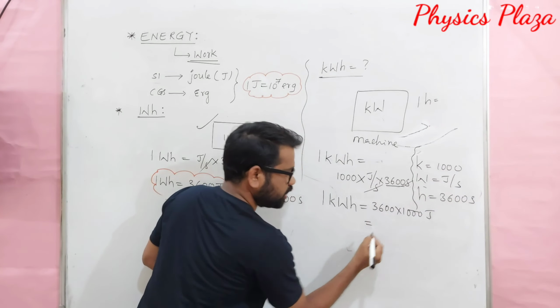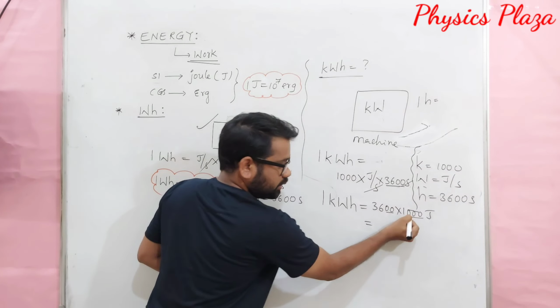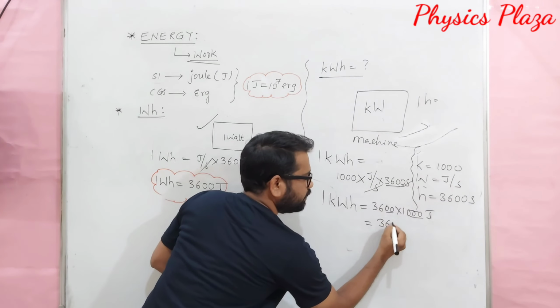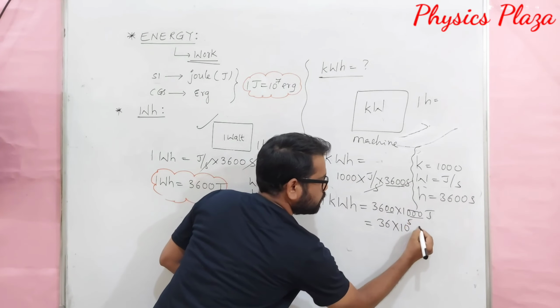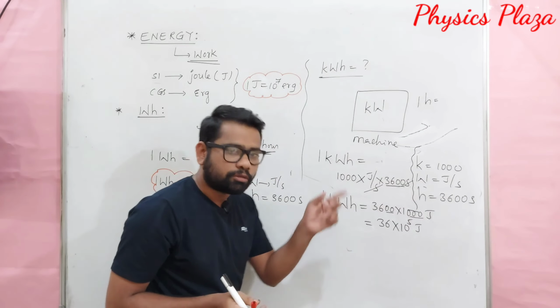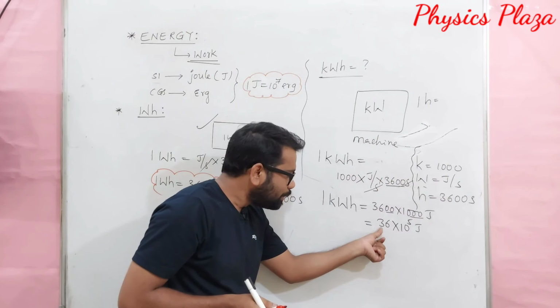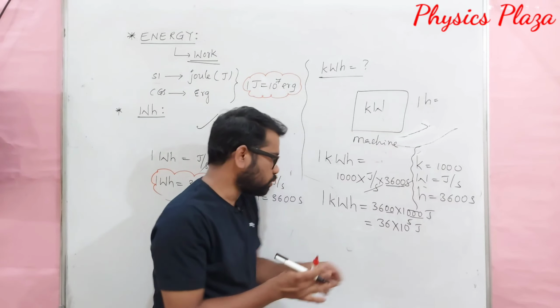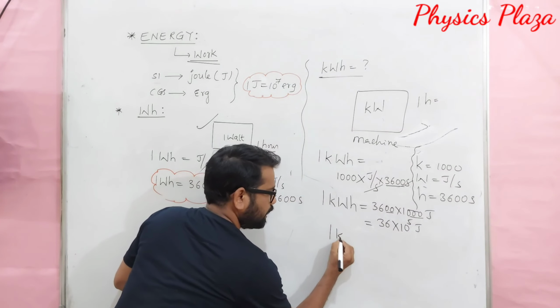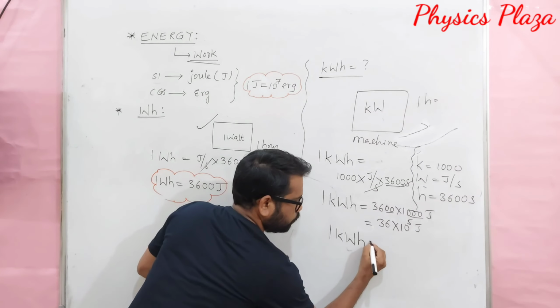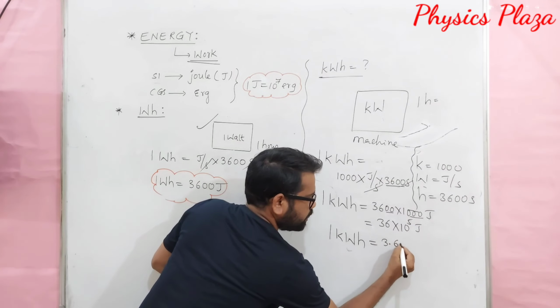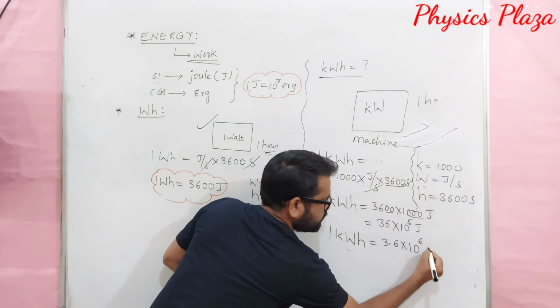So how can we write this, children? 2 zeros, 3 zeros. We can write 36 into 10 power 5 joules. But according to the order of magnitude, it can be written as 3.6 into 10 power 6 joules. So finally, 1 kilowatt hour is equal to 3.6 into 10 power 6 joules.